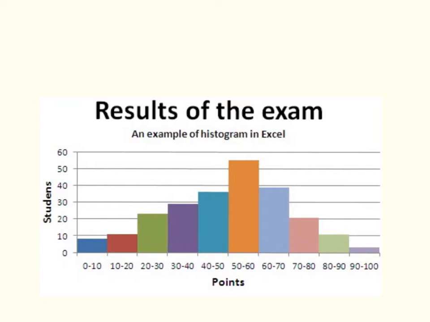Now, what you need to know from this, aside from the mean, the median, the mode, is when you look at what looks like a bar graph, how is this different? Well, first of all, it has intervals.